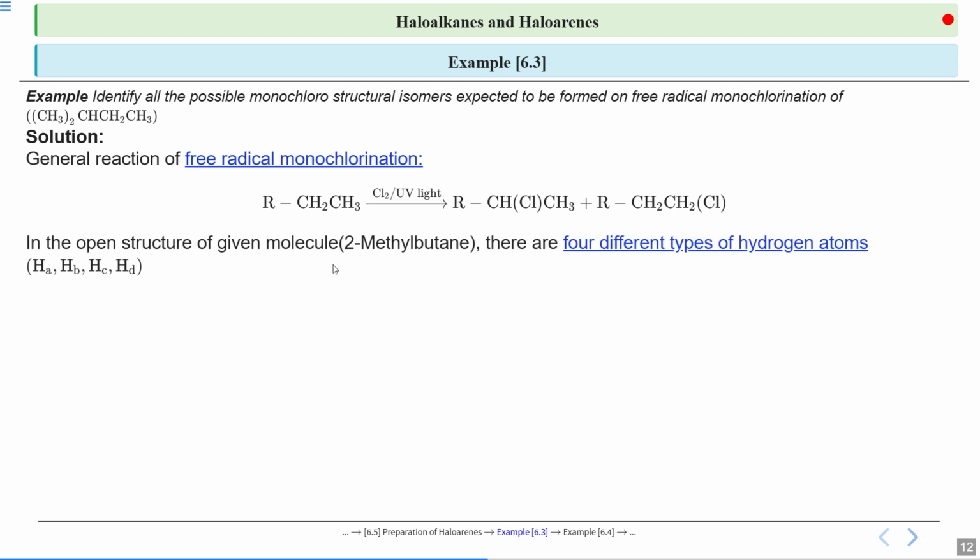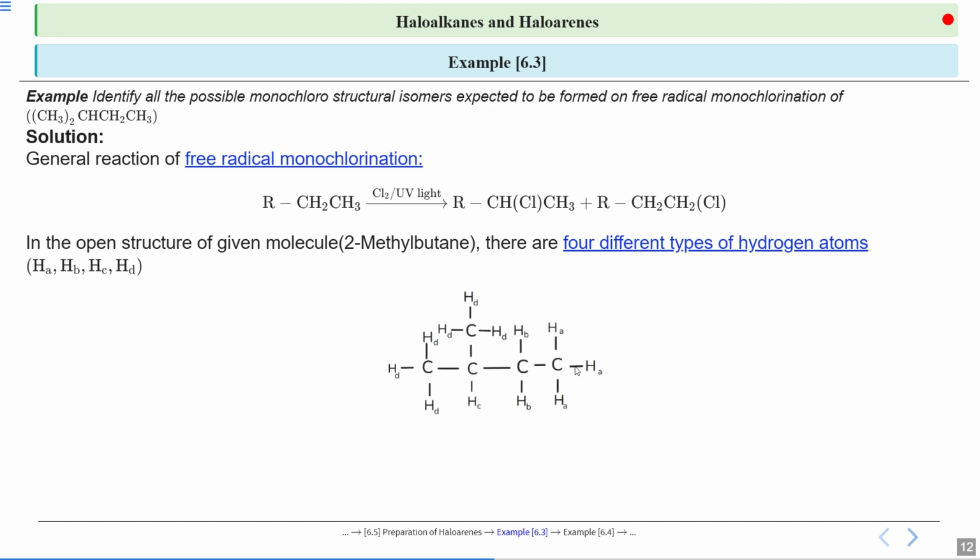So the open structure of the given molecule is this, whose formula is (CH3)2CHCH2CH3, and its name is 2-methylbutane. In the open structure of this 2-methylbutane, there are 4 different types of hydrogen atoms present: HA, HB, HC, and HD.